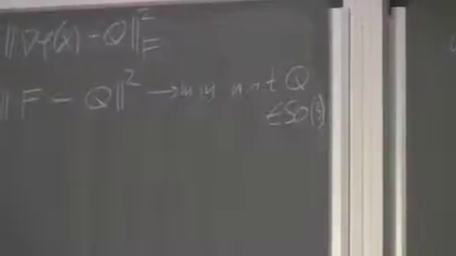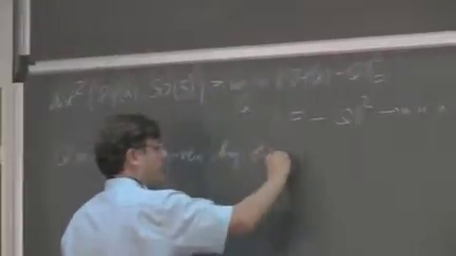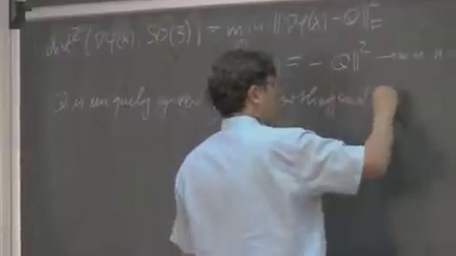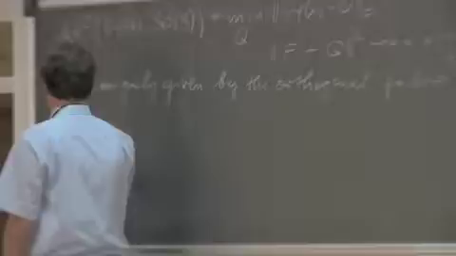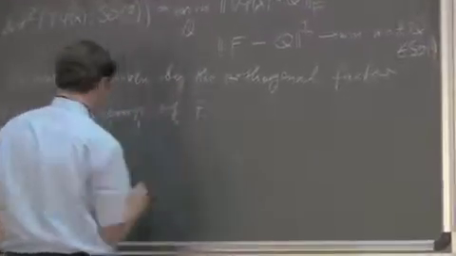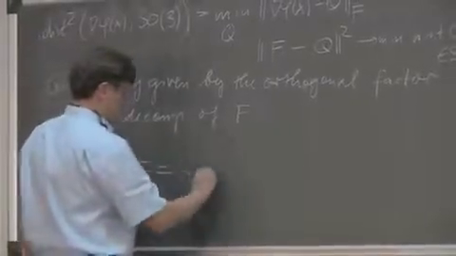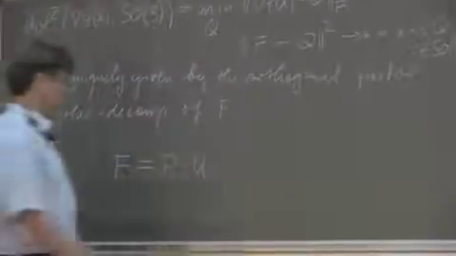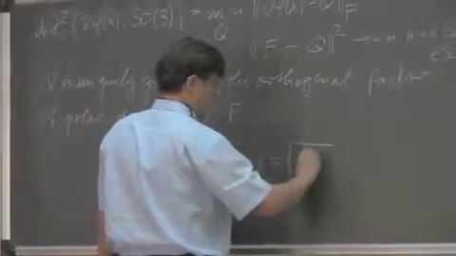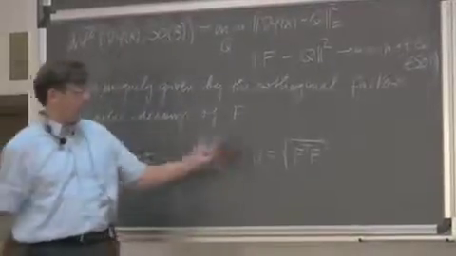The answer is known. The Q is uniquely given by the orthogonal factor of the polar decomposition of F. That means I am writing F in a unique way as a rotation R times a stretch U. U is the square root of F transpose F, and R is then uniquely defined as F times U to the minus 1.